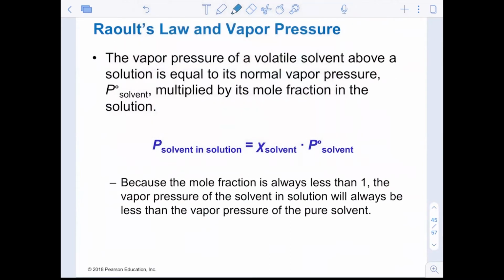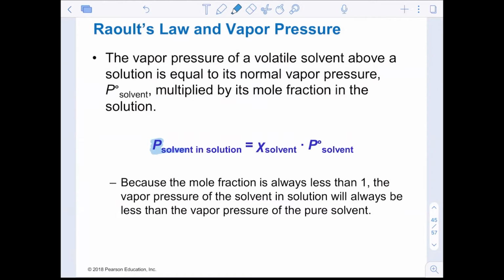Another form of this is Raoult's law for vapor pressure, where you can actually calculate the new pressure of the solution, right? The pressure of the solvent in the solution by changing one little thing, by changing the mole fraction here.